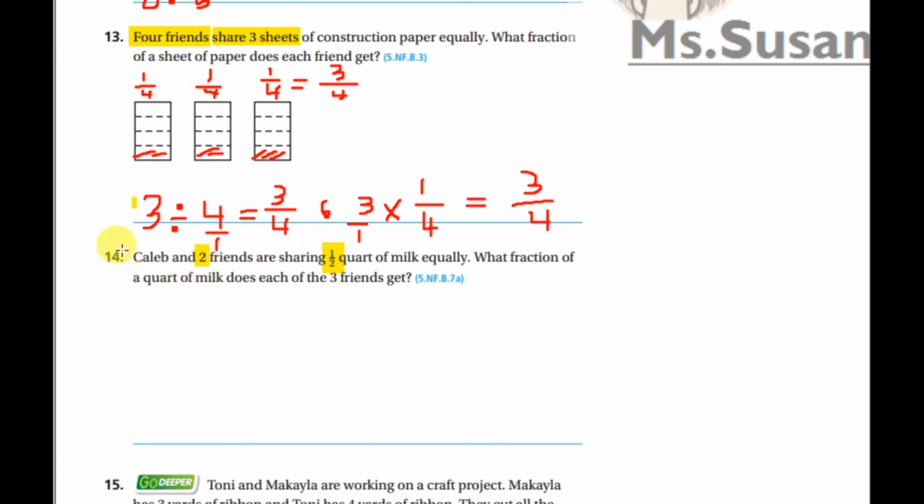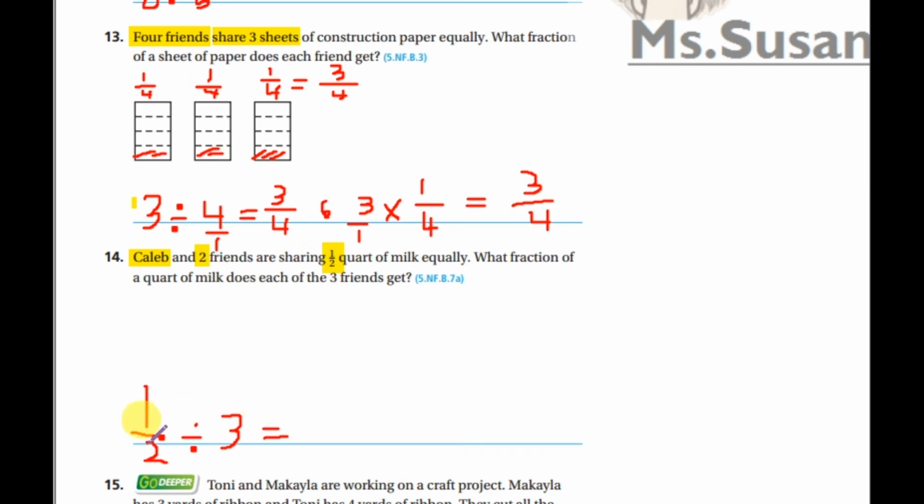Oh, sorry, the number of friends is 2, which will be 3 in all. So what is the whole number that they will share? It's half divided by the number of students. It's 3, not 2. Be careful, this is a bit tricky. Okay, don't say it's 2.